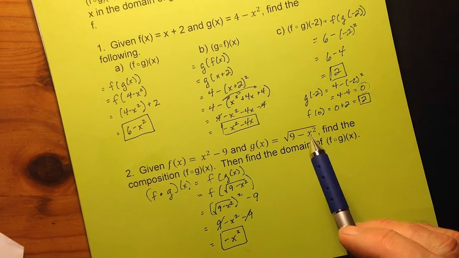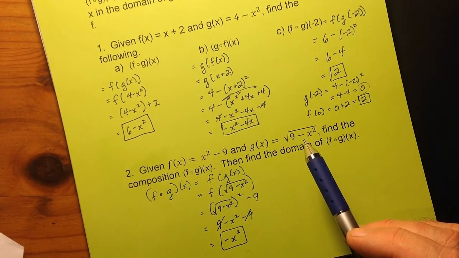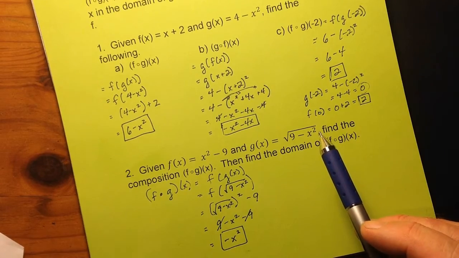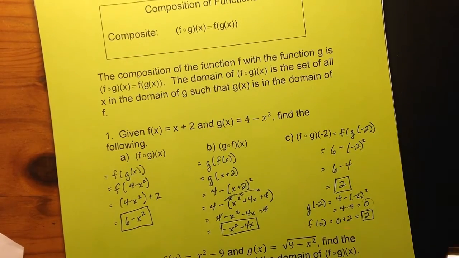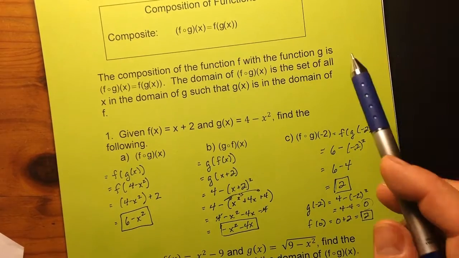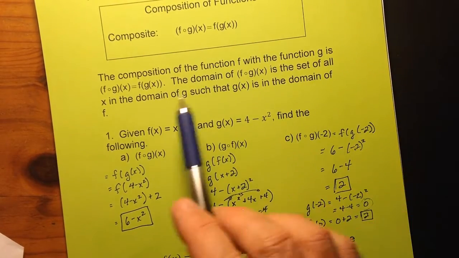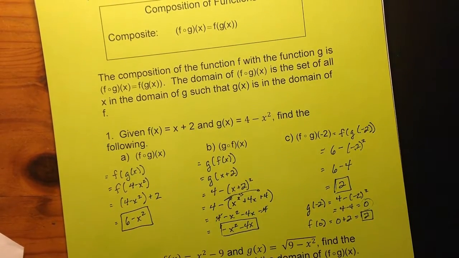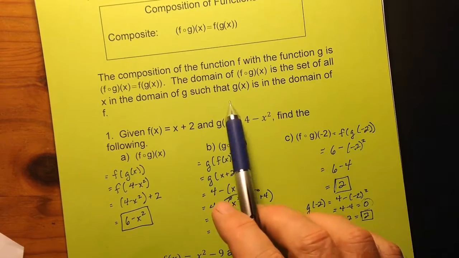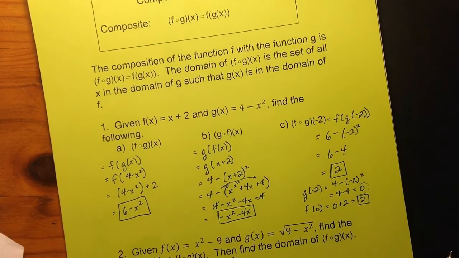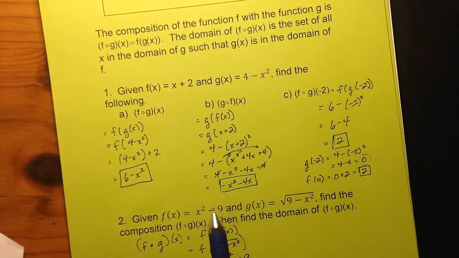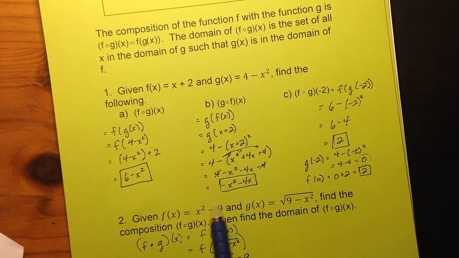So looking back up above here, it says the domain of f circle g of x is the set of all x in the domain of g such that g of x is then in the domain of f. Well, I don't have a problem with f, because f is x squared minus 9.